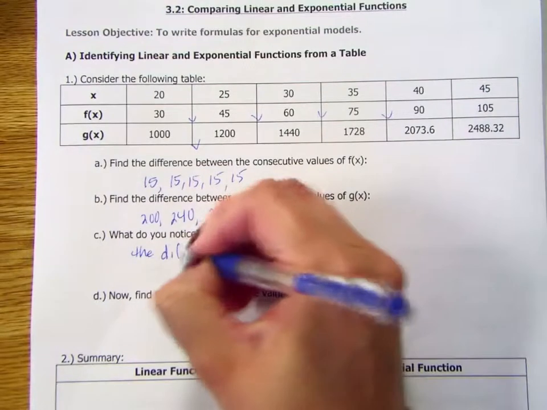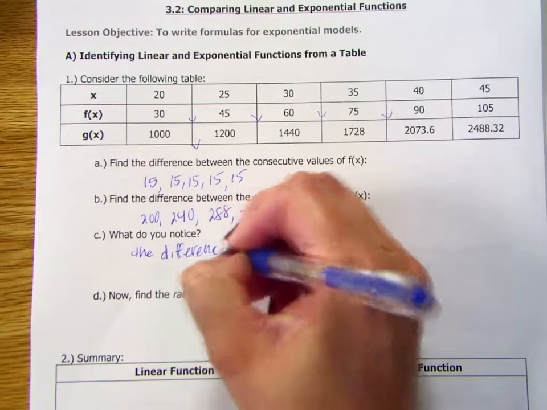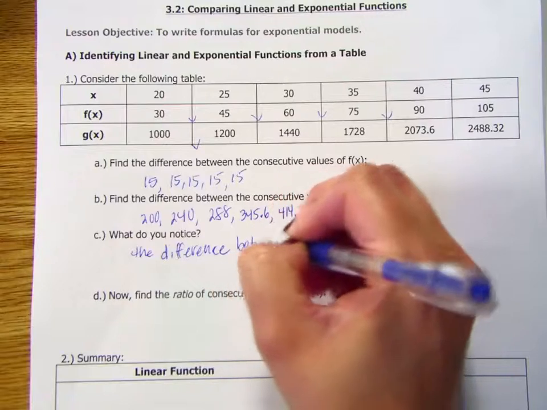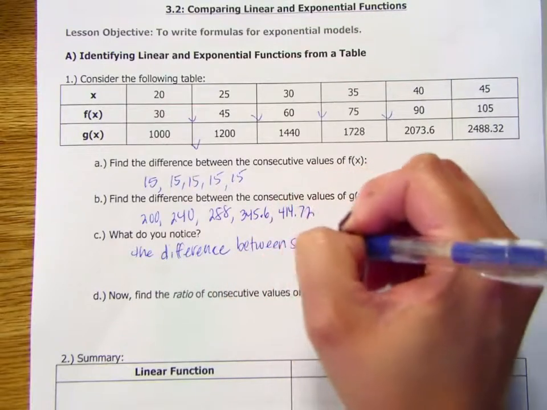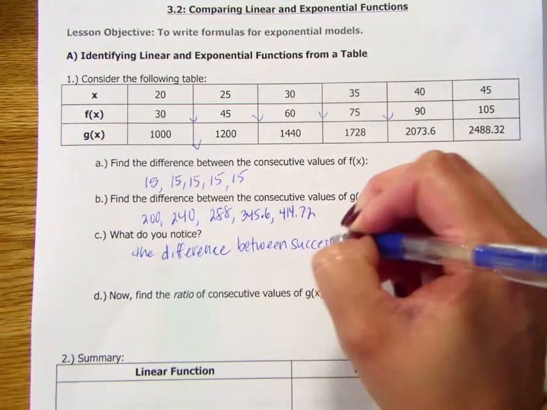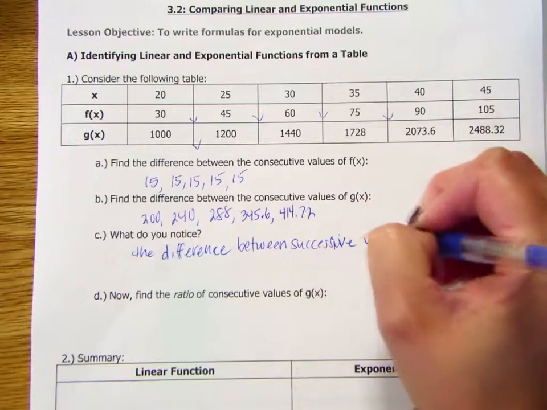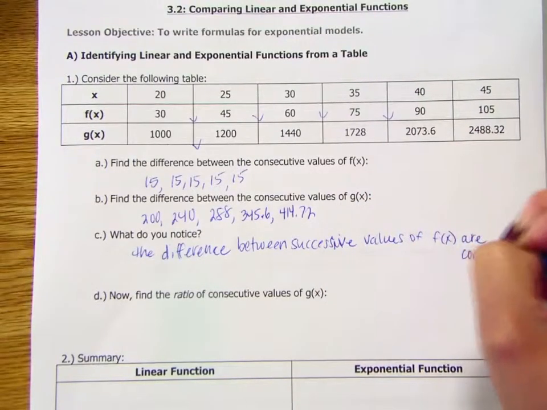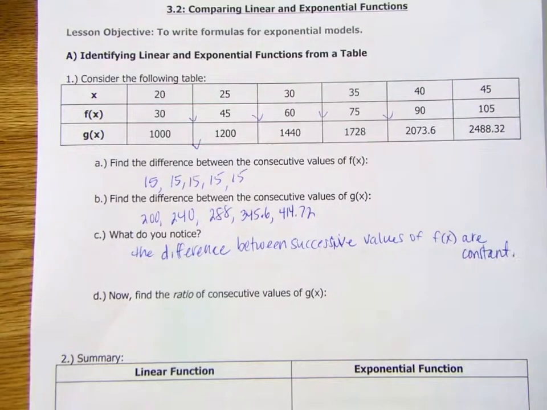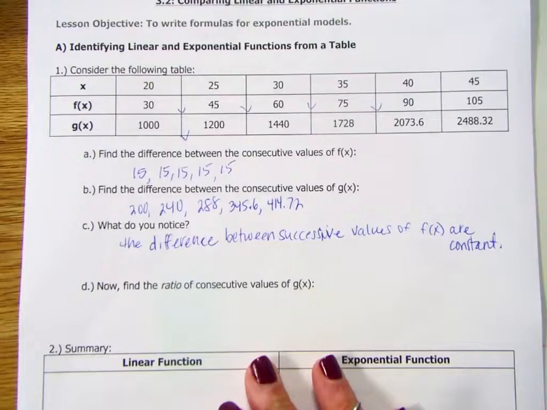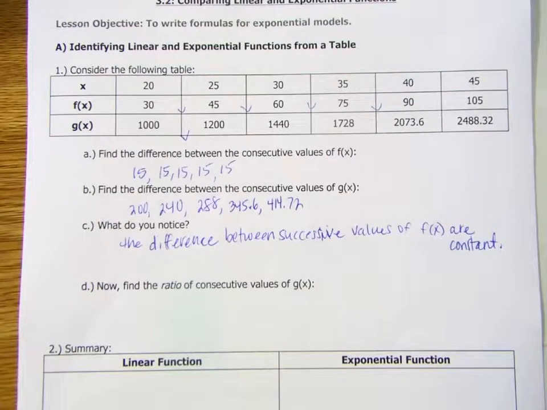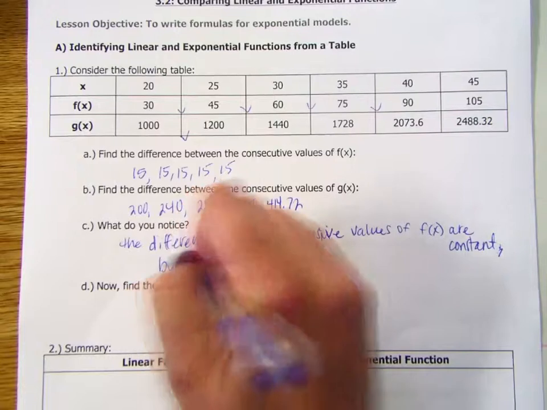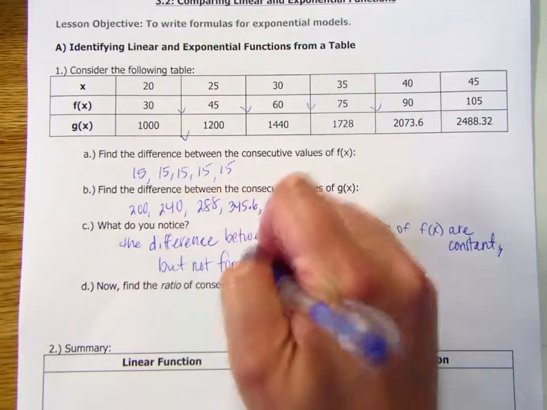Okay, so the difference between successive values of f of x are constant. Alyssa stated that a little bit differently. She said they're increasing by the same amount. Are we seeing that, however, with g of x? No. So let's say, but not for g of x.